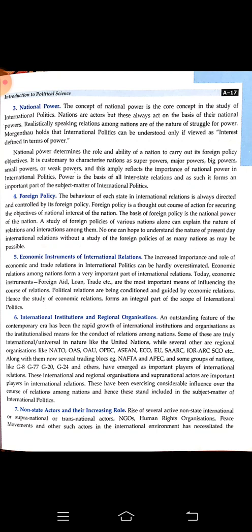International relations also covers regional organizations and economic instruments, like trade between two different nations, and foreign aid. All these things come under this criteria. International relations today is very important because it is helping in this globalization period.